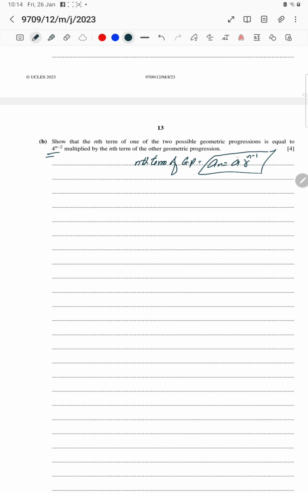So here A is equal to 20 and A is equal to 80; we got these values from the first part. We have two possible values, so we need to solve both.